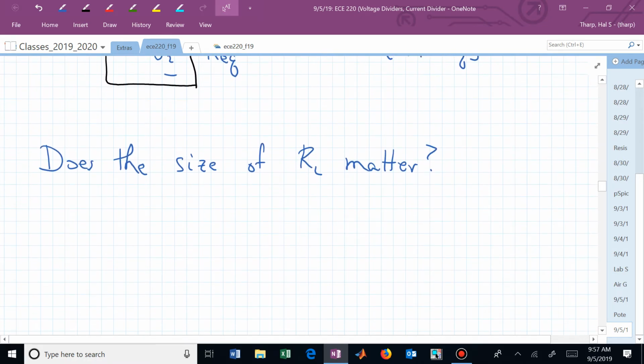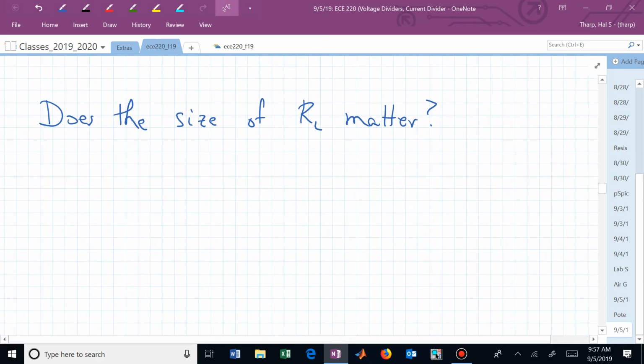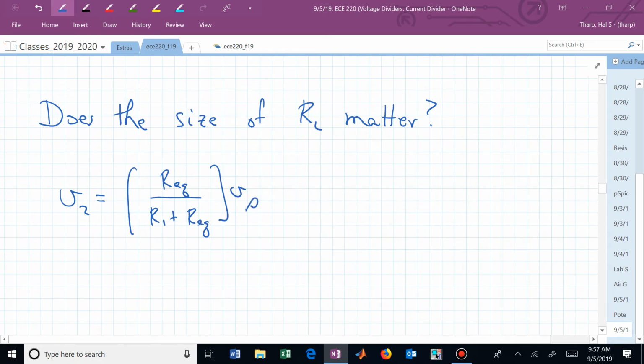So all right, is everybody ready for a little analysis? Let's work through this. Suppose now V sub 2 is what we just said it was. It's R equivalent over R1 plus R equivalent, times V sub S. We're trying to figure out a formula that would allow us insight into how R sub L influences this voltage V sub 2.